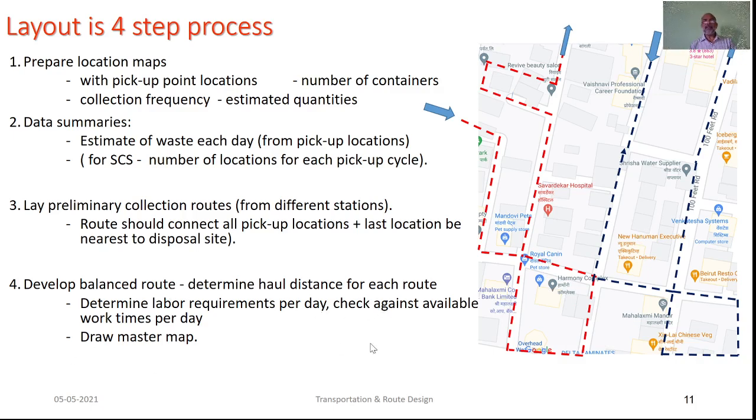We have to check against the available working times per day, and after developing the balanced routes, we can prepare the master map. So this master map would be the reference for all the drivers in order to have the waste collected through designated roads, times, days, and the region only.